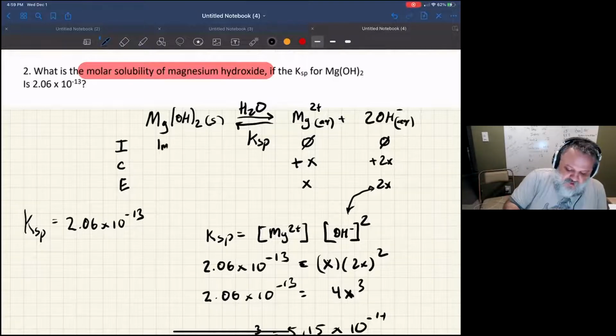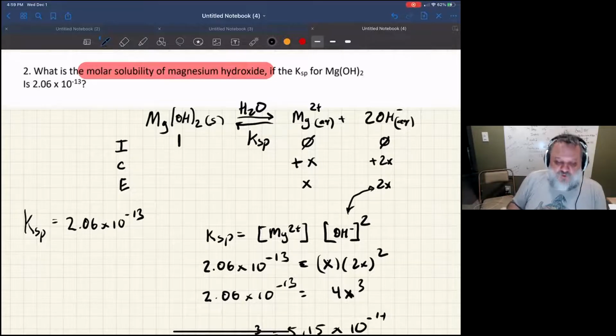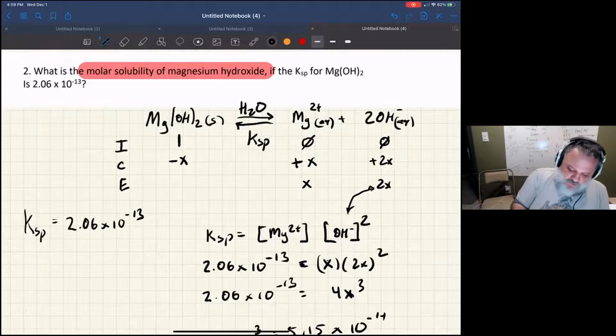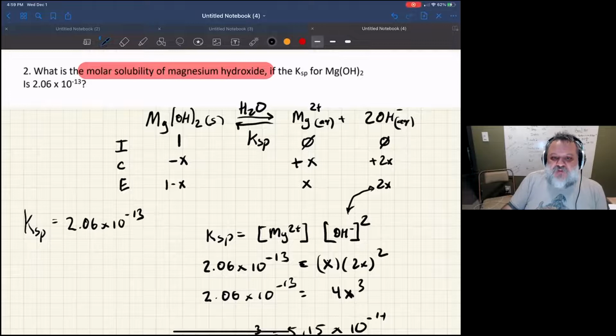Let's say that it starts off at 1 molar, so initial concentration of 1 molar. Well, we would say it goes down by x, that some of the magnesium hydroxide will dissolve, we'll call it x, and then that's what everything else is. Then magnesium ion goes up by x and hydroxide up by 2x. And so at equilibrium, we'd have 1 minus x.